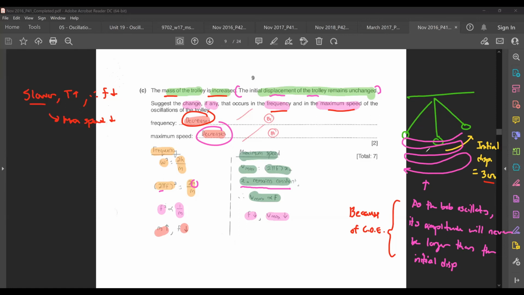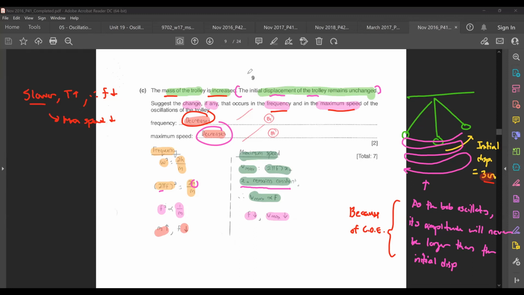So its amplitude will never ever exceed 3 centimeters in your current case. It can drop because of energy loss, but it will never be more than your initial displacement. That's the thing that I just want to mention here.